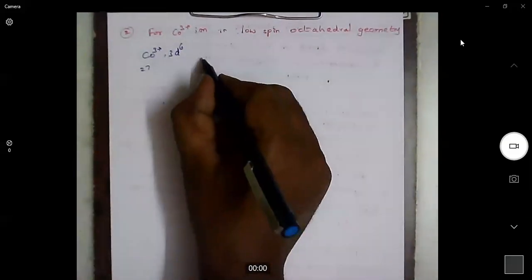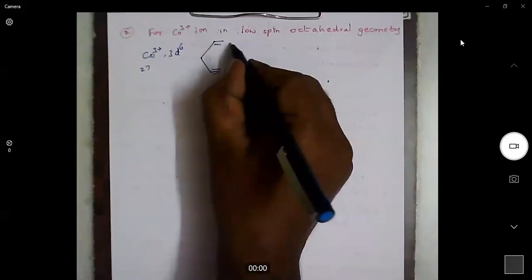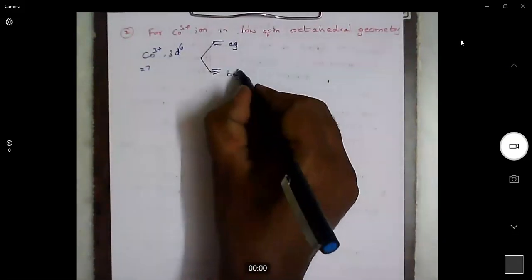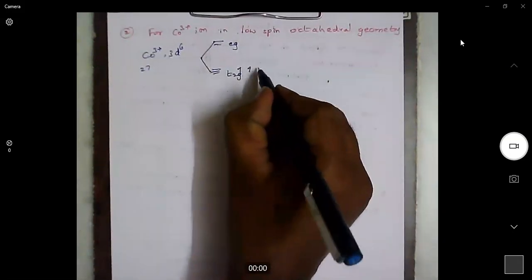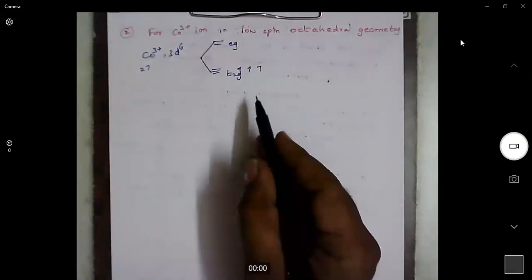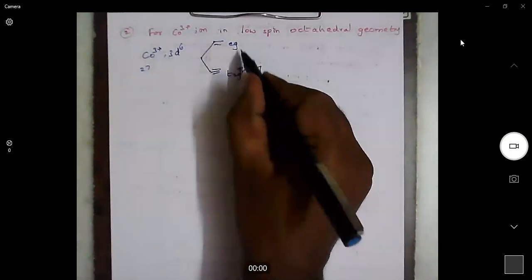Now, in an octahedral geometry, the 5 d orbitals are split into two categories, T2g level and Eg level. In a low spin complex, the first electron, second electron, and third electron will enter into T2g level. Then, because it is a low spin complex, the next electron must pair in the T2g level. It will not go to Eg level.